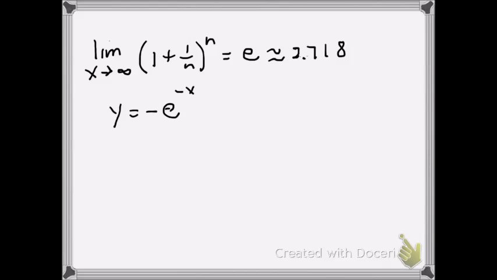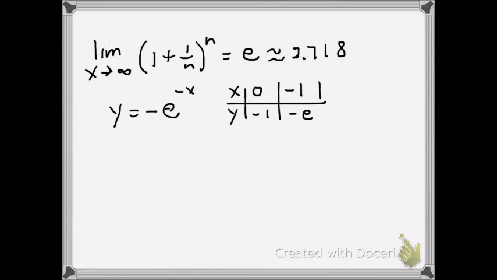So to plot a few points, let's put in 0 for x, and we will get e to the 0 with a minus sign, so that's going to be minus 1. If we put in minus 1 for x, we'll just get e to the x with a minus sign in front, so that's negative e.